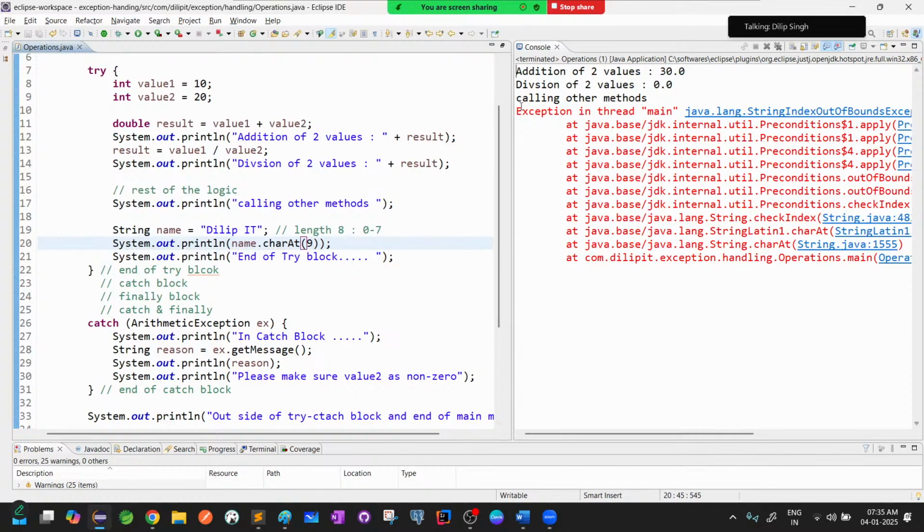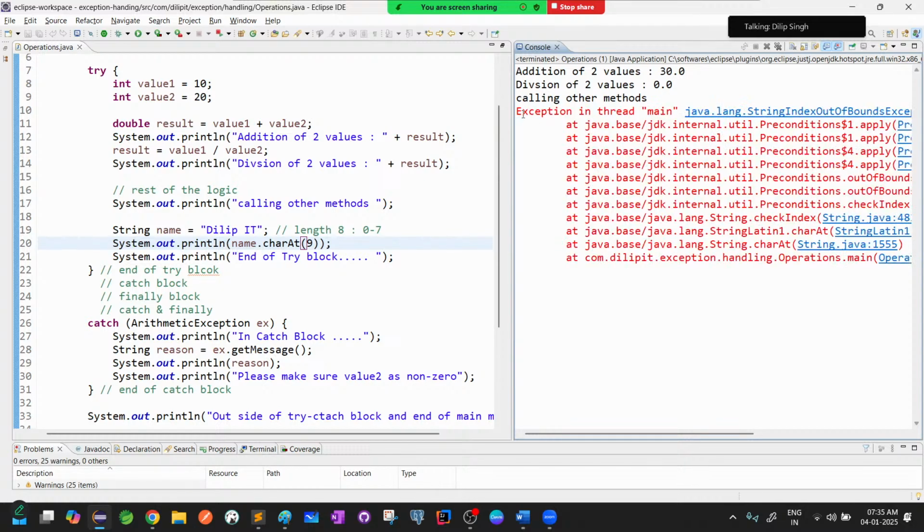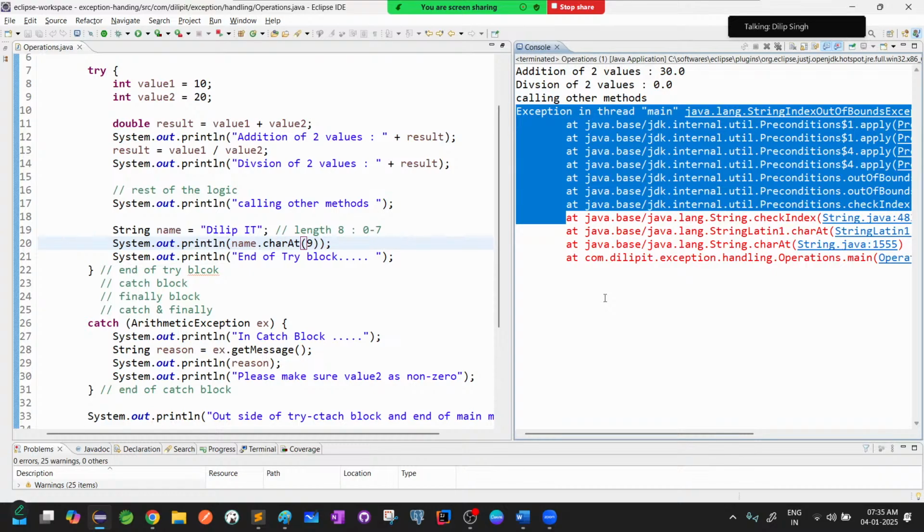Why are you seeing this kind of unhandled exception scenario? That is our agenda of exception handling, right? We can't print these kinds of things. We have to handle the exception and make sure the rest of the logic is executed. That means the code outside of the try catch block, below, should all be executed.